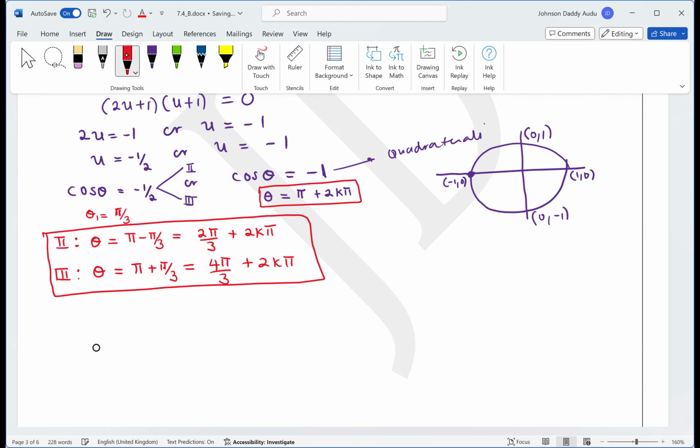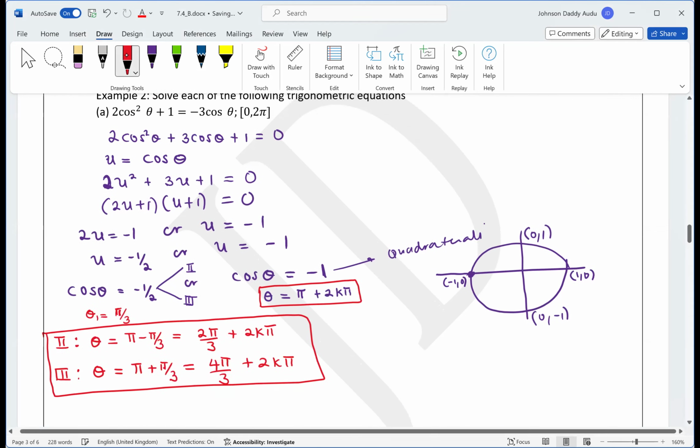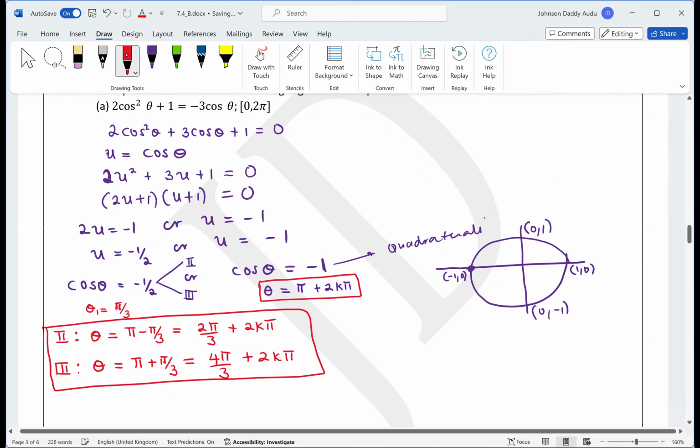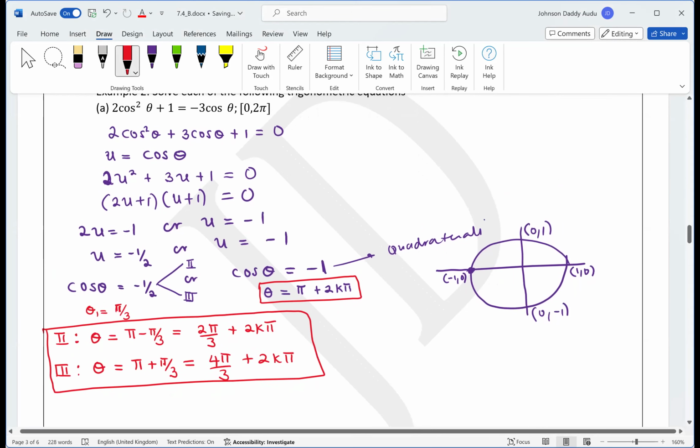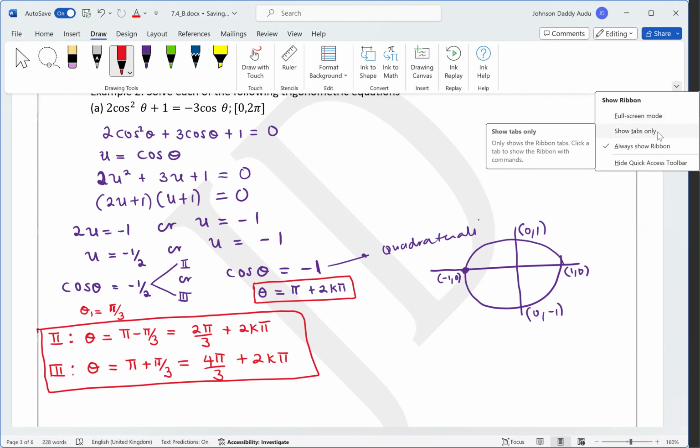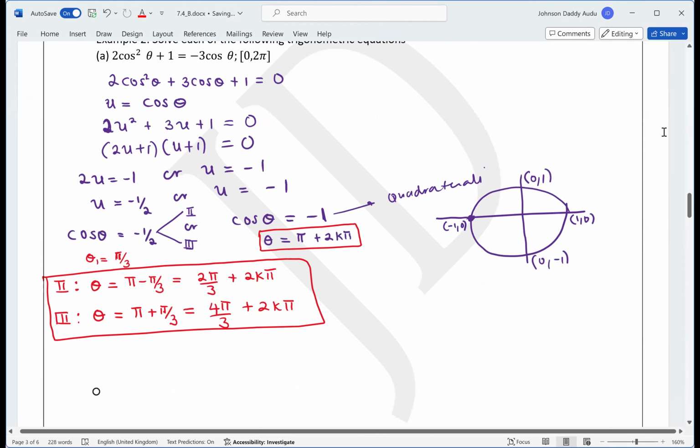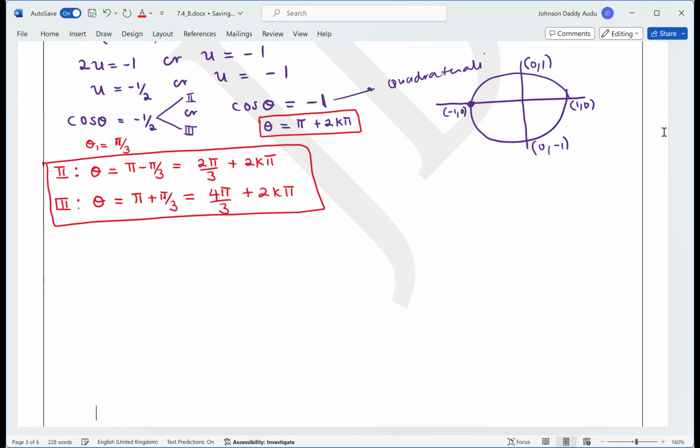Okay, but now since we have a range from 0 to 2 pi, we have to use that range. Our restriction is from 0 to 2 pi. So what can we do? We just substitute. We start with k equals 0. If k equals 0, we go here, we get only pi. If we come here, we get 2 pi over 3, and then we get 4 pi over 3.